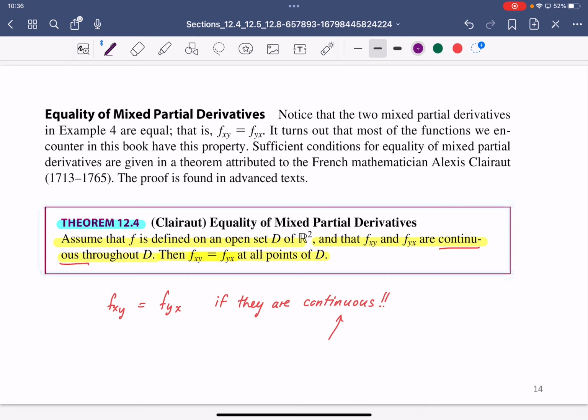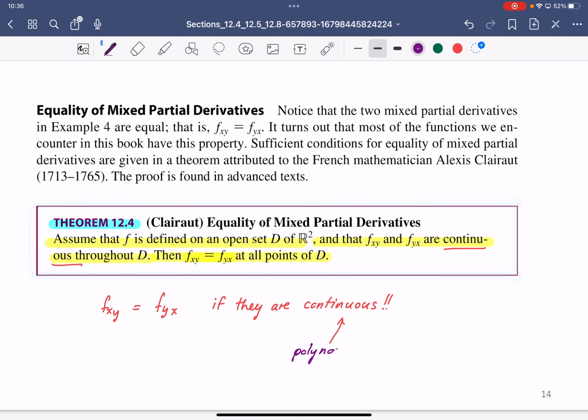It means that if you see something like a polynomial, x to the n, or something like the exponential, e to the x or e to the y, or y to the n, for example, or you see trigonometric functions such as sine and cosine, they are all continuous, right? Sine and cosine. This is the case where you can actually swap here.